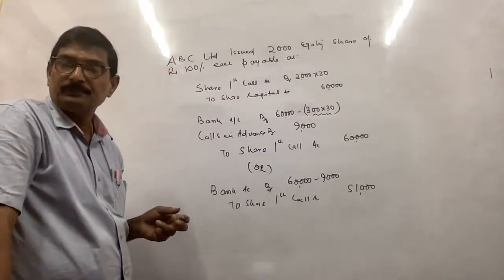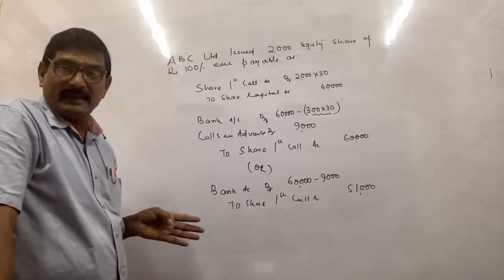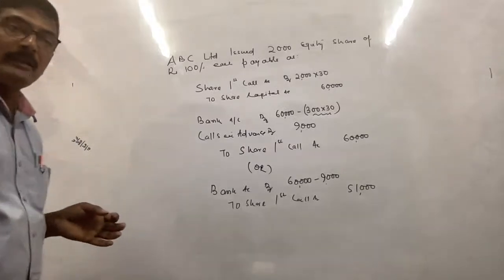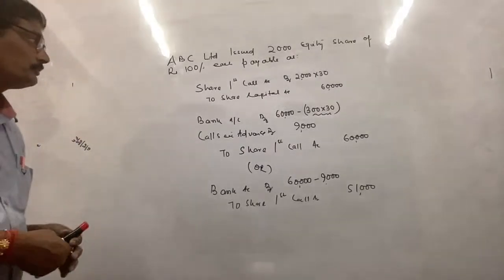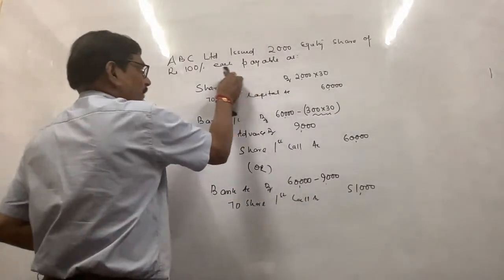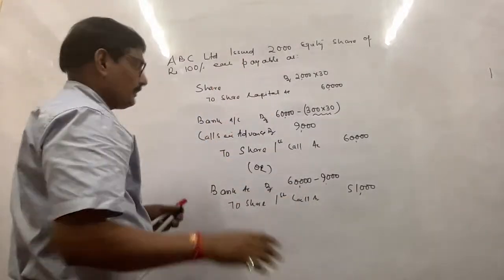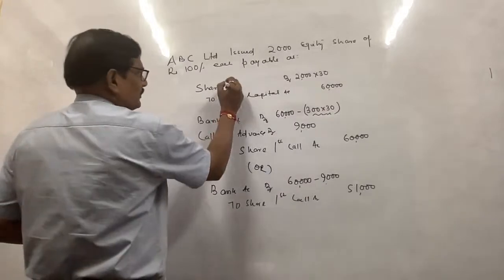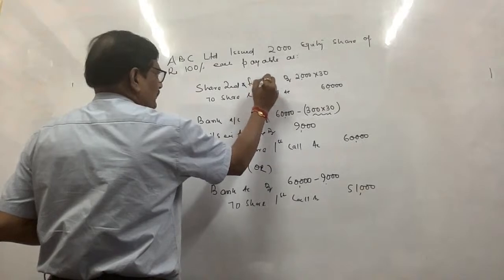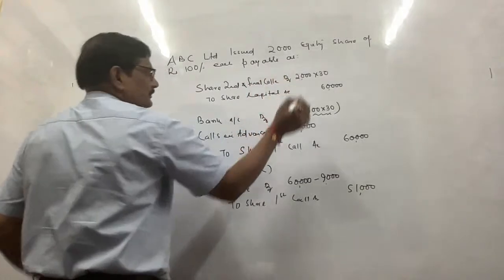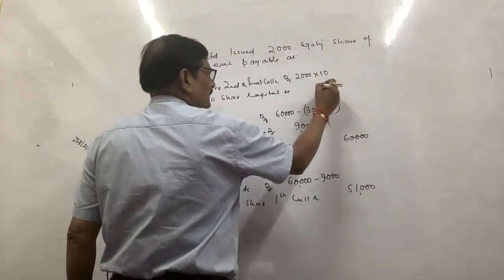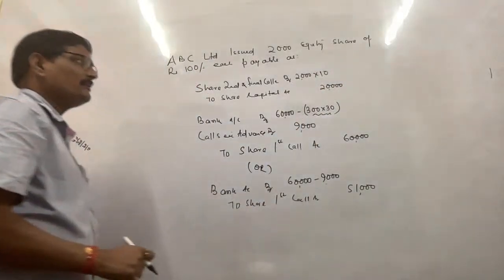Next one. For share second and final call due, the entry will be share second and final call account debit, that is 2000 into 10, to share capital.